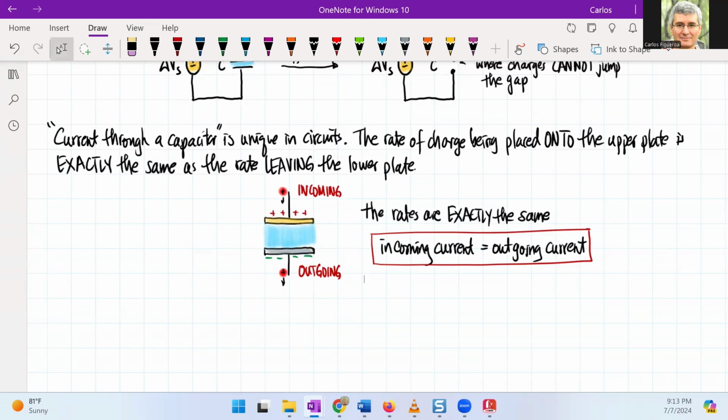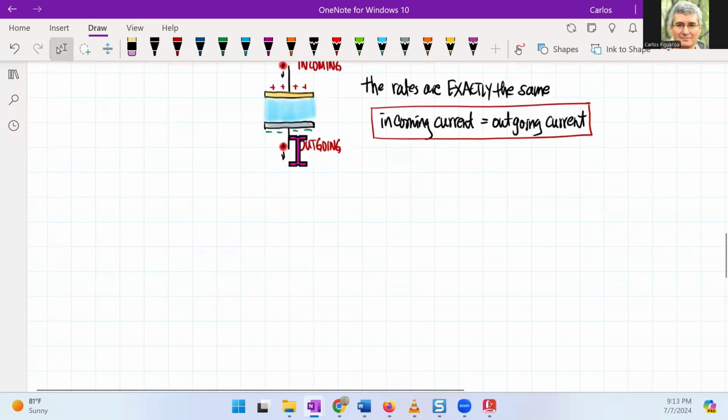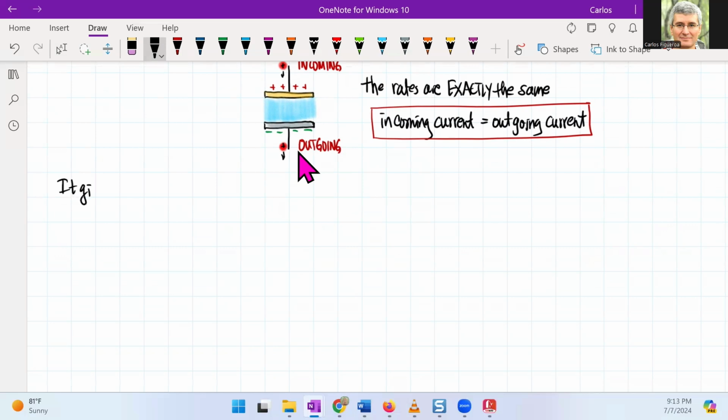Because they're the same, it gives the illusion that current is moving through the dielectric.